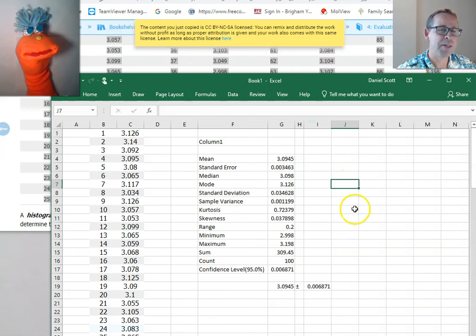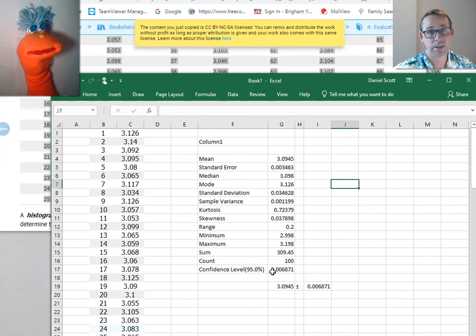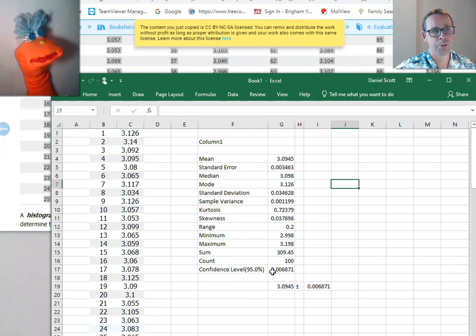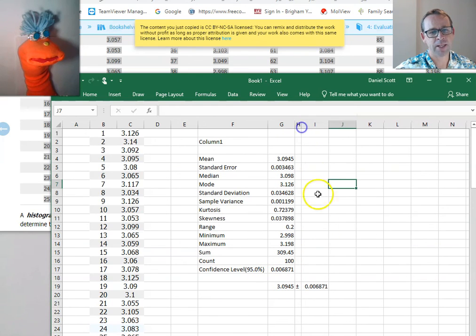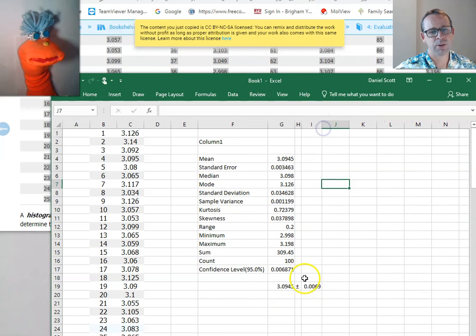Now in this scenario, it has a t-table, and it looked up t for 99 degrees of freedom. Do you remember how that 99 degrees of freedom relates to our experiment? Well, you made 100 measurements and your degrees of freedom is 99. Very good. If I didn't have the table for 99, I can use Excel's table.